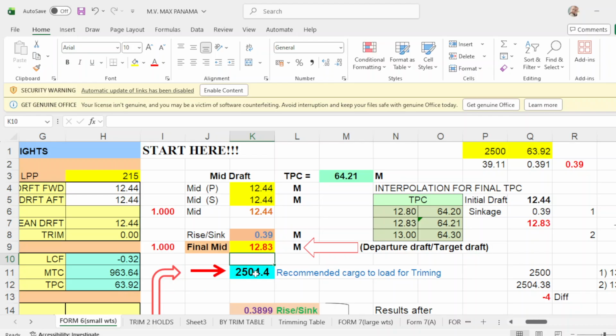So, in actual practice, I always use this final TPC of your departure draft to get your remaining cargo to load. I don't use this local TPC or your initial TPC. So you always have to use the TPC of your final draft, which is this one, 64.21. Okay. How do I come up with this figure? So I take out this one.